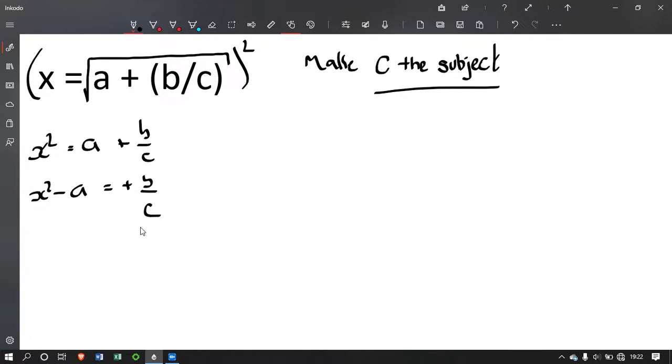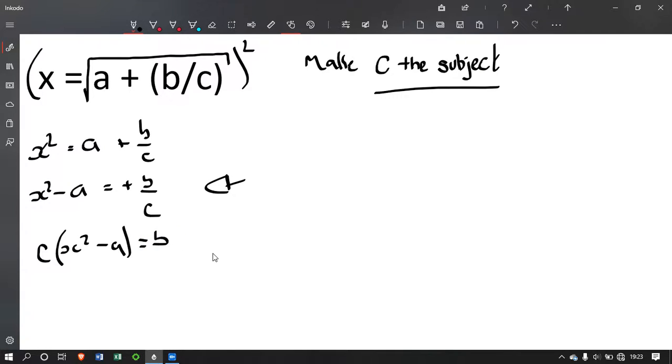Now, we can't minus C from this side of the equation. Instead, we need to times everything by C, or we can cross multiply. So let's just times everything by C. So then we get C times x squared minus A equal to B. And now B is the subject.